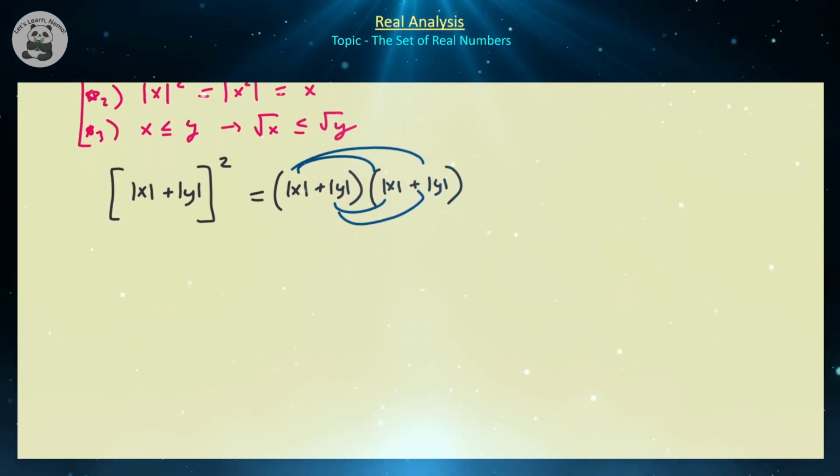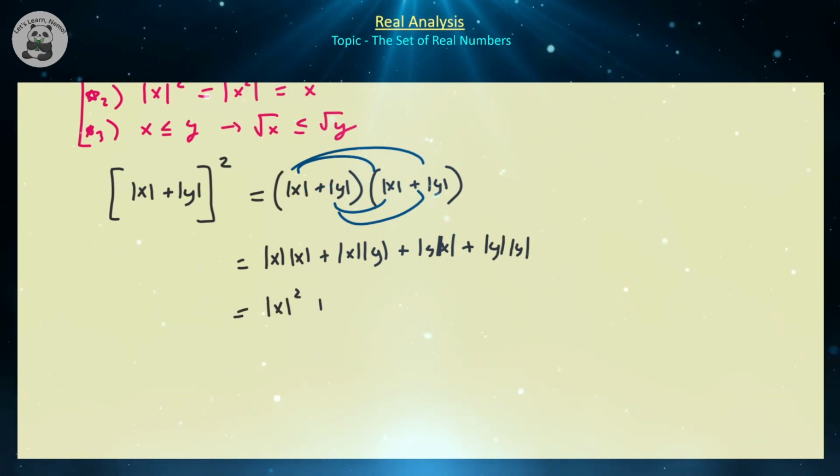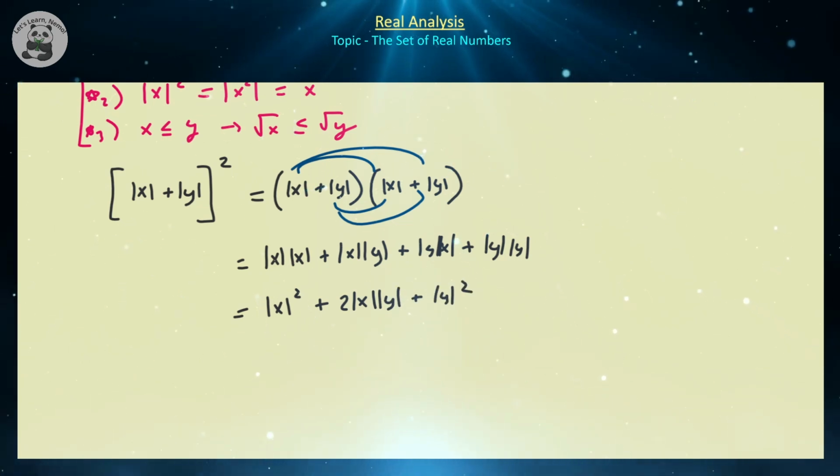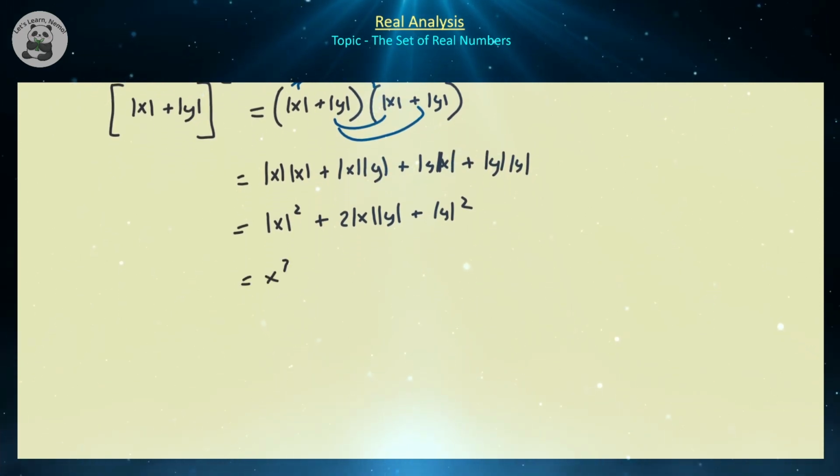So this is going to be equal to the absolute value of x times the absolute value of x plus the absolute value of x times the absolute value of y plus the absolute value of y times the absolute value of x, and then the absolute value of y times the absolute value of y. Now, using some of those little properties that I already mentioned before, this is just equal to the absolute value of x, the quantity squared, plus 2 times absolute value of x times absolute value of y, plus absolute value of y squared. So, we know that the absolute value of x squared is just x squared, and the absolute value of y squared is just y squared.